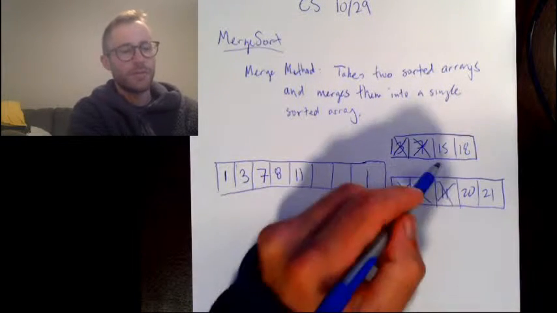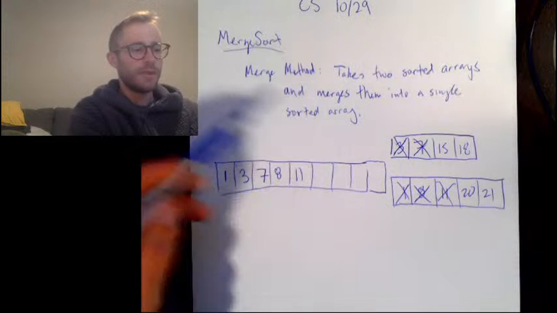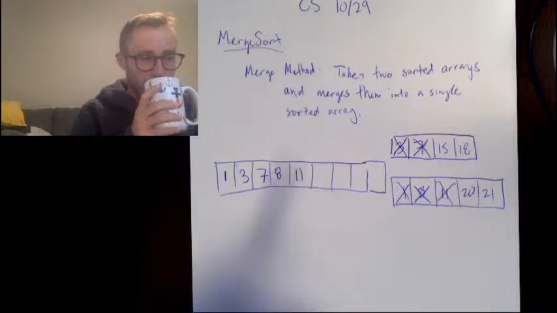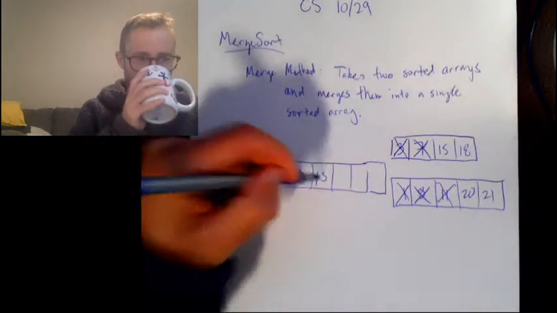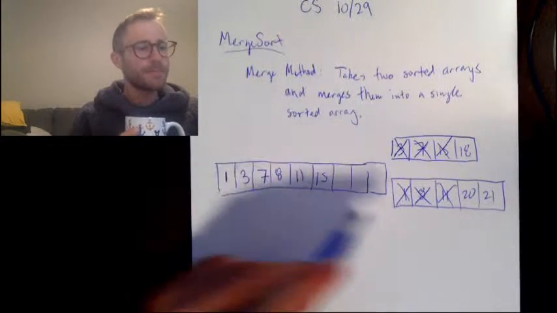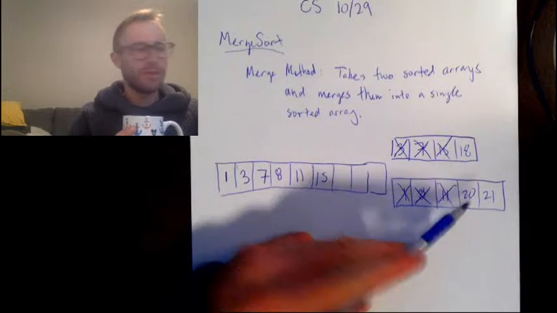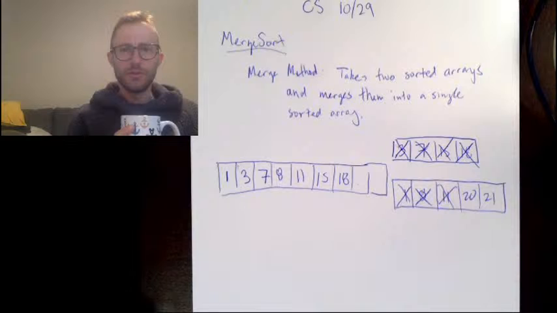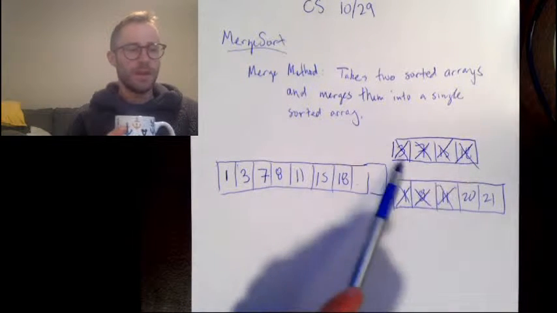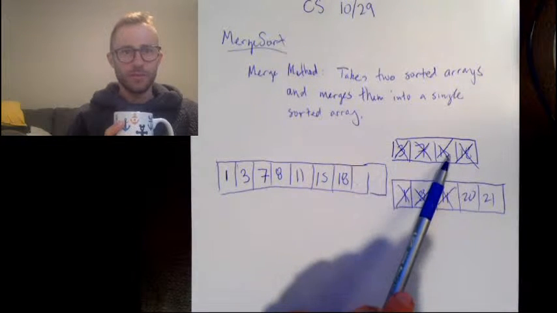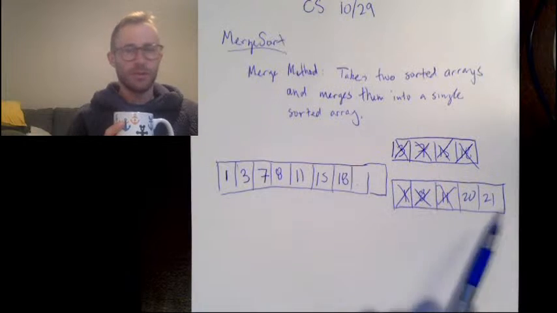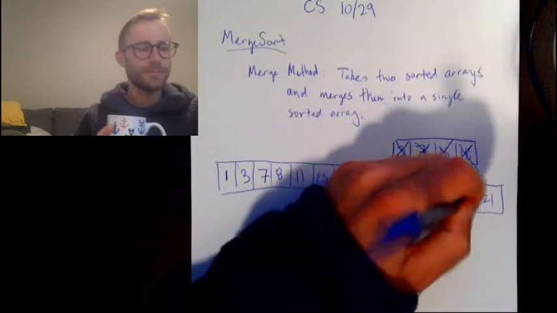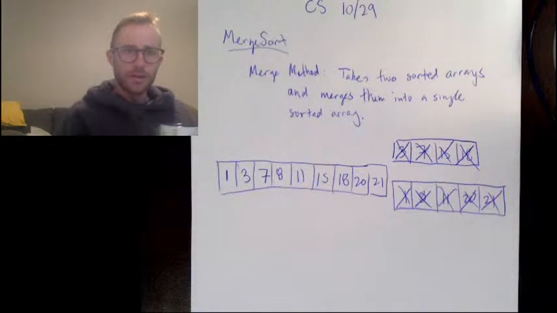Then it's going to compare 15 with 20. 15 is less than 20, so we put 15 in. 18 is less than 20, so we put 18 in. So you notice that we're completely out of elements in the top array. So all we're doing is feeding in the bottom array. So then we have 20 and 21. Okay? So that's how it works.